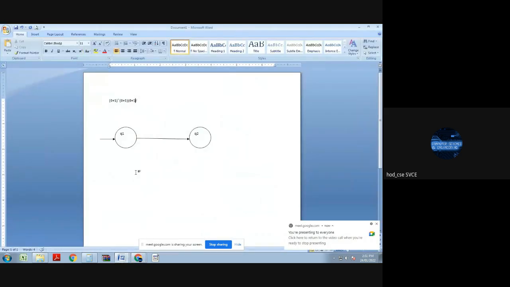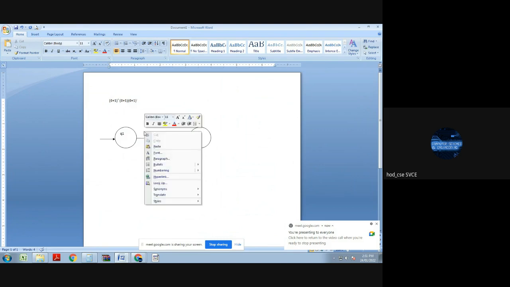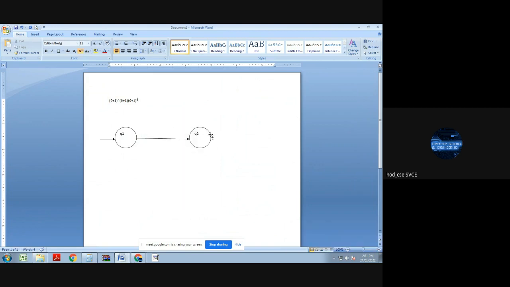So it is Q1 tends to Q2. So 0 or 1 whole star, in the sense, here itself we can write 0 or 1 as a self loop, and 0 or 1, so here we can write 0 comma 1 and here also 0 comma 1.